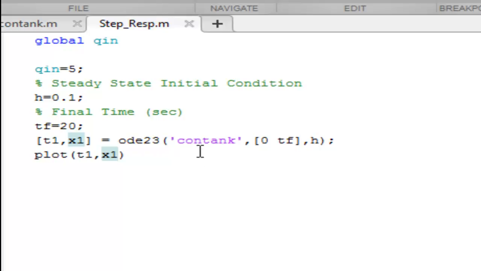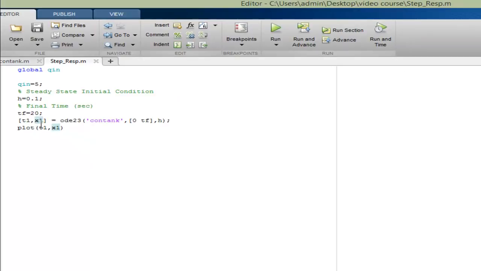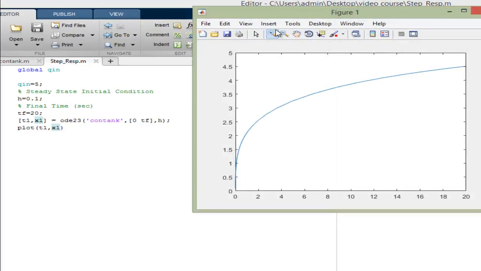This ODE23 returns the time vector and the response parameter. If you plot this, you can observe the response. Now I'm going to run this setup and let us see how the system performs. This is the way your system behaves when I give a step input of 5 in the inlet flow rate.